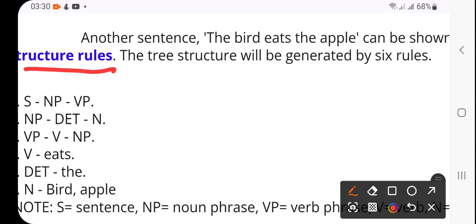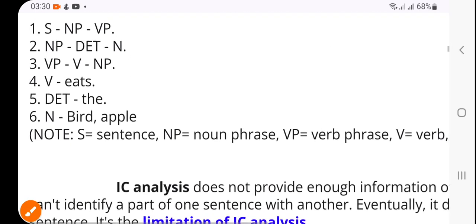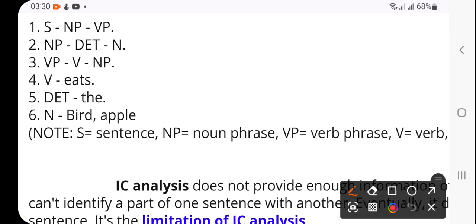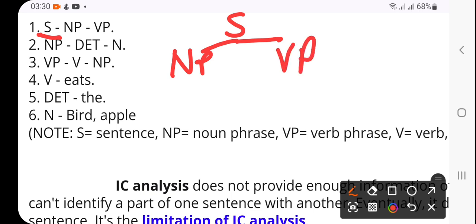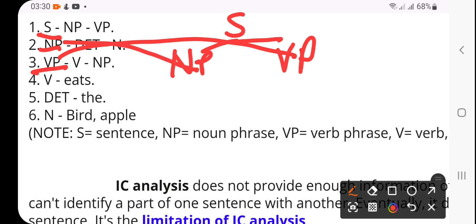The tree structure will be generated by six rules. What are the six rules? Let us see. Sentence, then noun phrase, then verb phrase. So this is noun phrase, this is verb phrase, this is verb phrase, this is noun phrase. Okay.